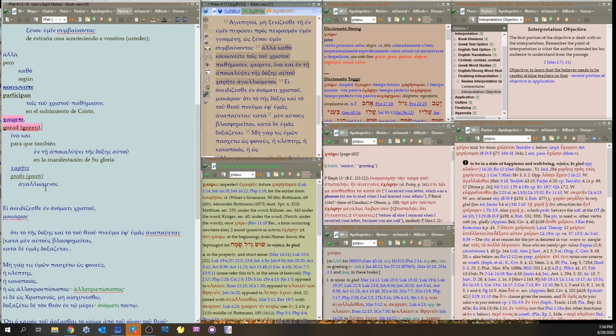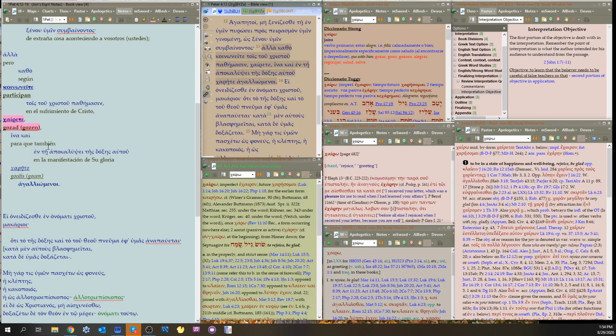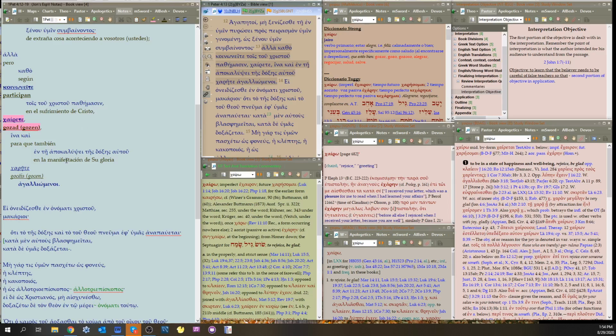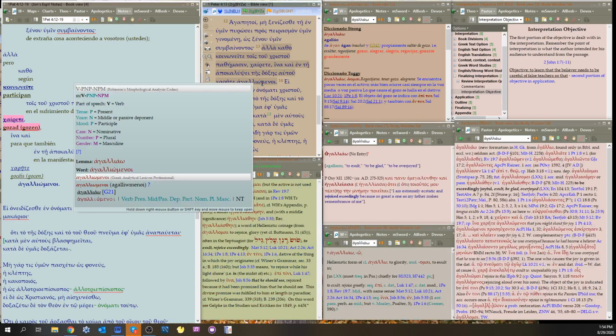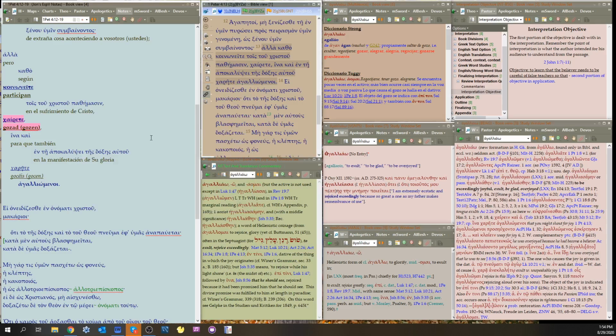This is a nominative. Ends in oi. That helps us with the nominative. Normally nominatives are referring to the subject of the sentence, or in this particular situation, under the subjunctive here. So, los que, or those that are rejoicing.